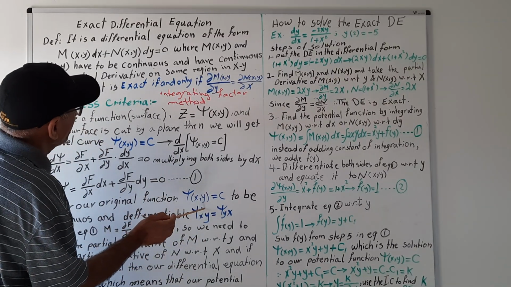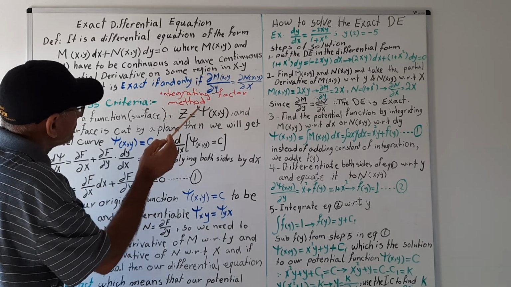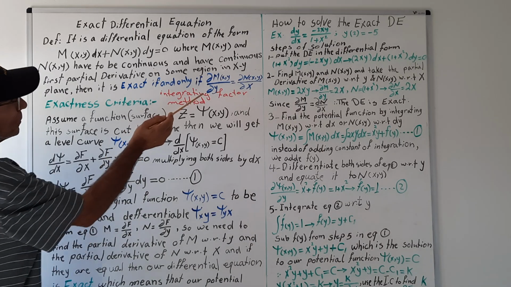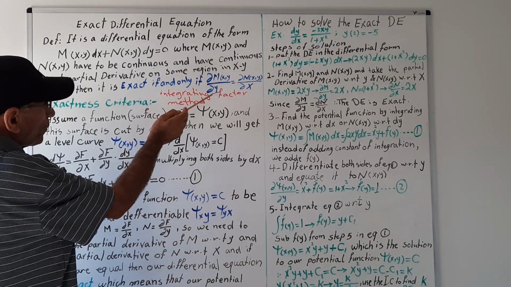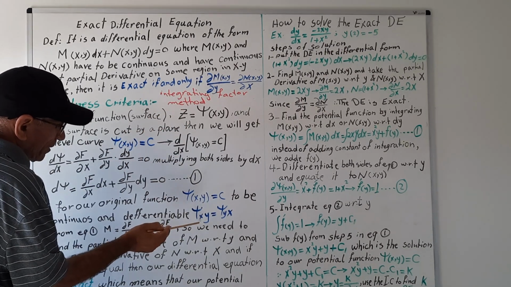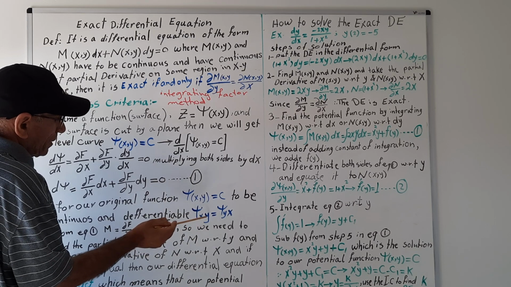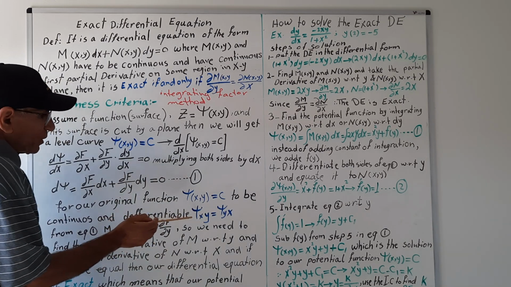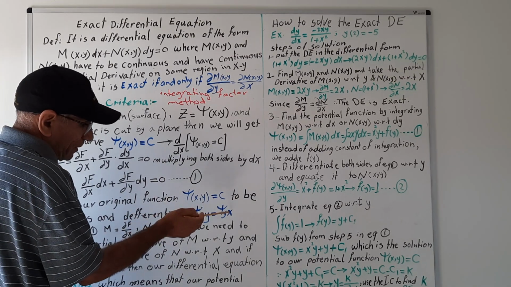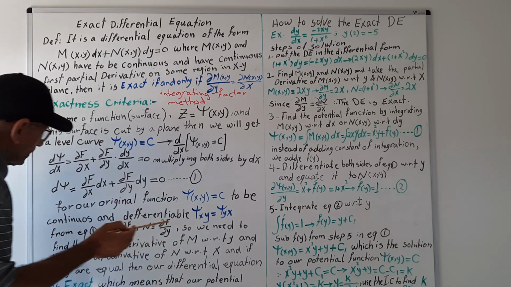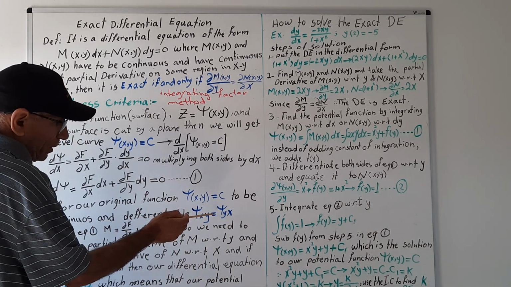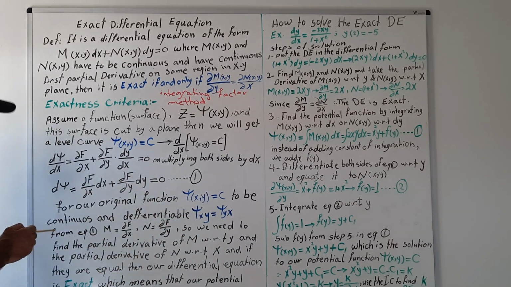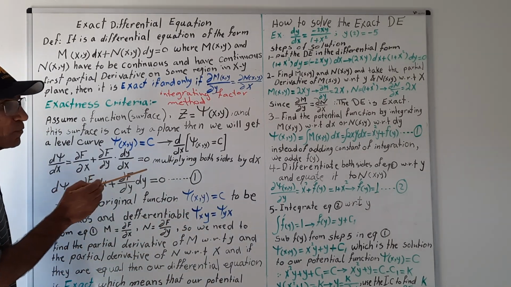And here M we have already, so we need to take the partial again with respect to y, because here we have the x and here we have the y. So again we take the partial derivative with respect to y and with respect to x, and equate them and see if they are equal, which means our equation is exact.